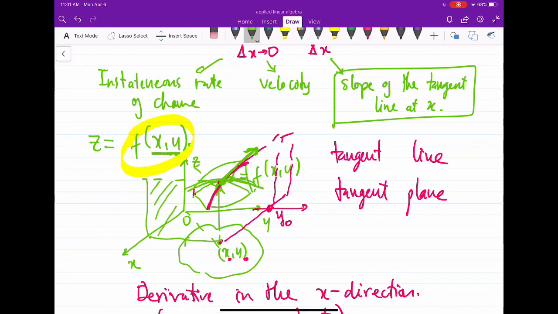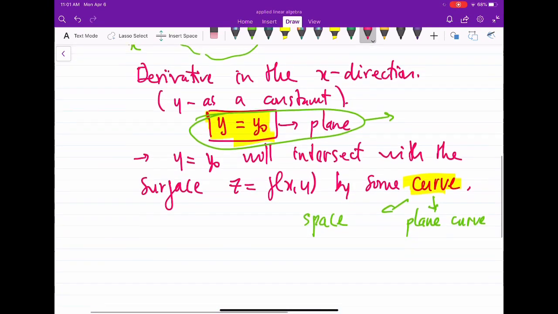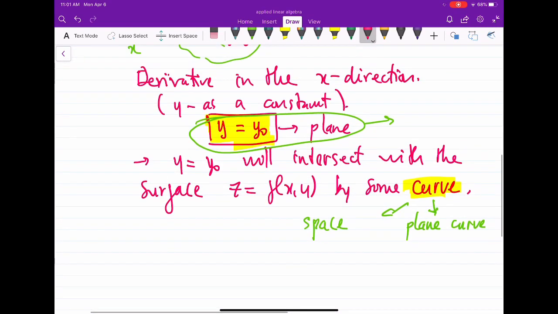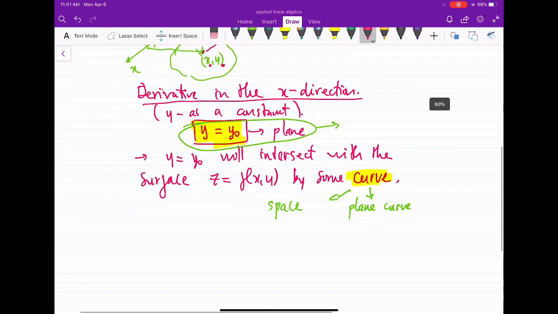So you have another intersection, which is also a curve, you see? And then you consider the tangent line to that curve at this point. So you have the partial derivative with respect to y. Agree? So that is the geometry of partial derivatives. Or sometimes we say derivative in the x direction or in the y direction.